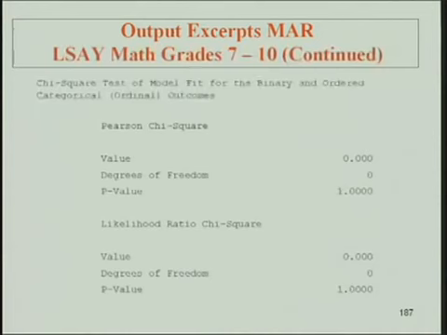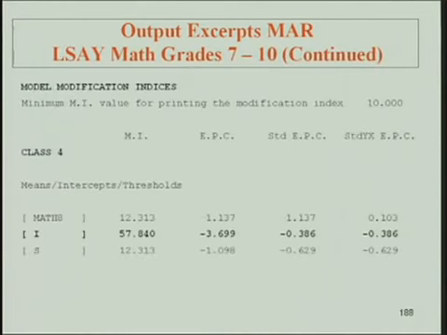And here you have the MAR results. Actually, the modification indices on slide 188 point to the fact that for missing data pattern 4, the initial status growth factor mean has a high modification index, with an expected parameter change of minus 3.7, saying that the growth factor mean needs to be 4 points lower for that missing data pattern for the model to fit well.